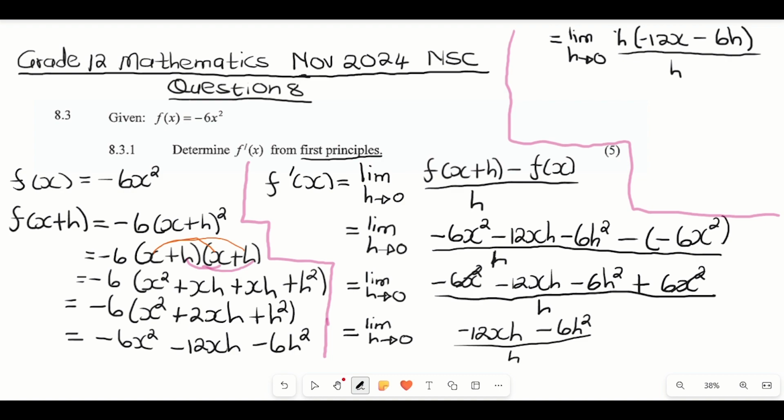So this h and that h cancel out, and we're left with minus 12x minus 6h.